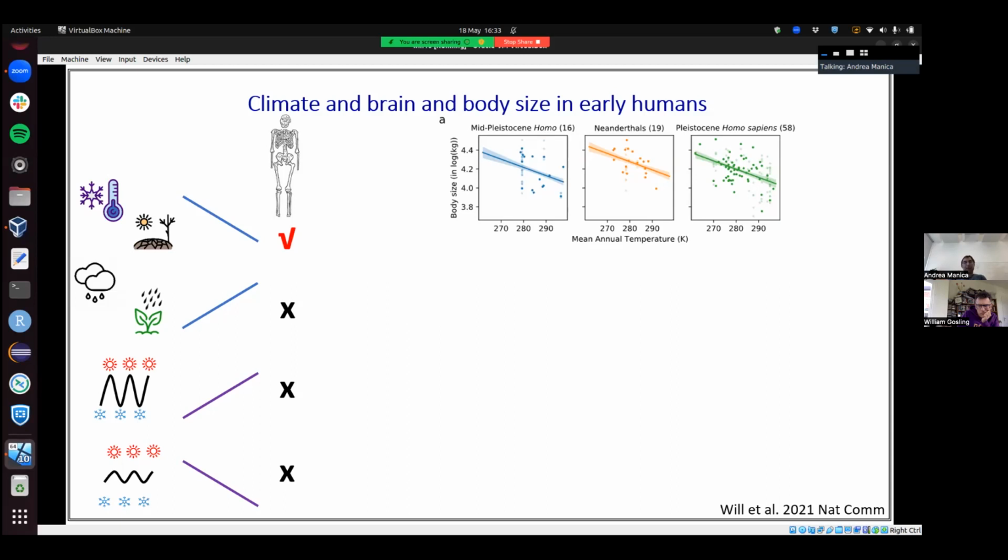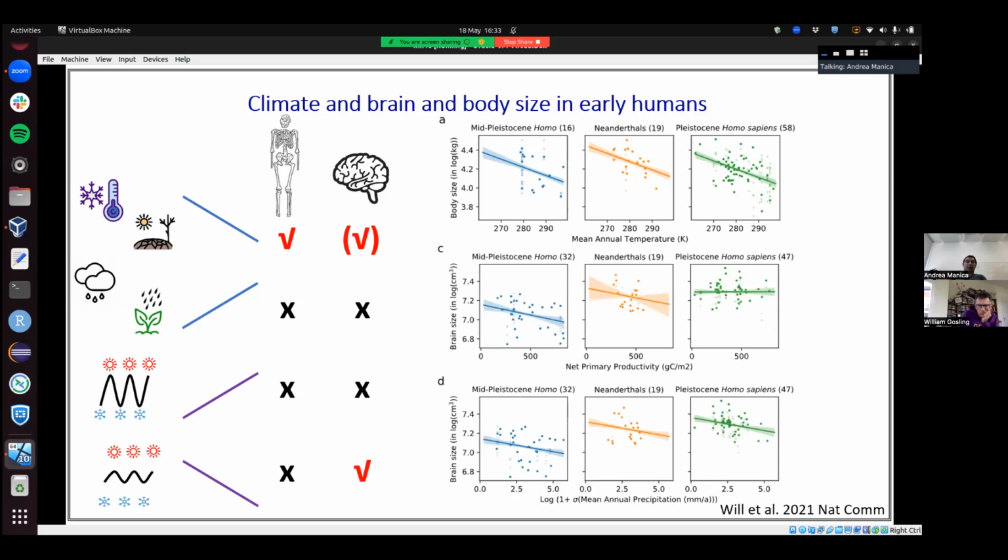Now, we were somewhat surprised to see that when we looked at brain size, the stories didn't quite work in the same way. And also the variables involved in predicting brain size were very different from body size. So in brain size, there was an effect that we could find mostly for the mid-Pleistocene Homo, a little bit for Neanderthal, but not for Homo sapiens, of net primary productivity, where actually large brains are found in areas of low net primary productivity.